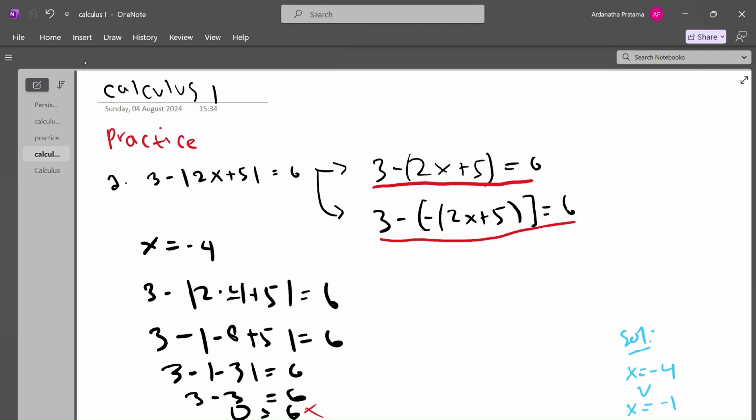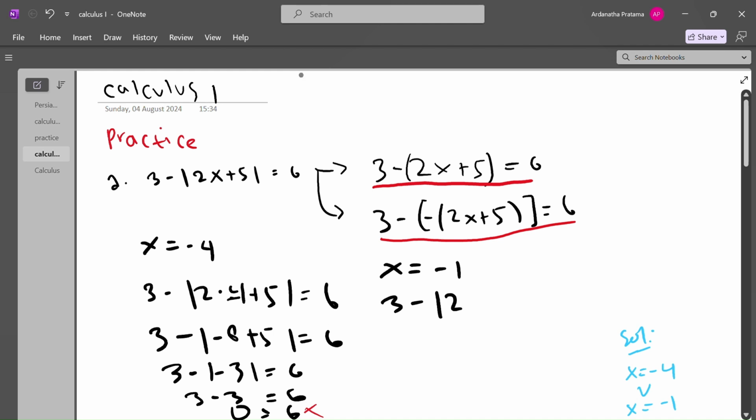And now I will substitute x equals minus 1. So we have 3 minus the absolute value of 2 times minus 1 plus 5 equals 6. So we have 3 minus the absolute value of minus 2 plus 5 equals 6.